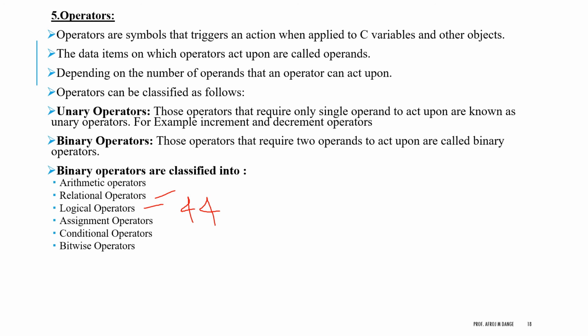And the next one is the bitwise operator. A bitwise operator is used to perform bit level operations on the operands. The operands are first converted to bit level and then the calculation is performed. Mathematical operations such as addition, subtraction, multiplication, etc. can be performed at bit level for faster processing.